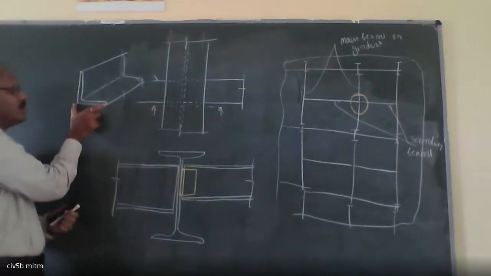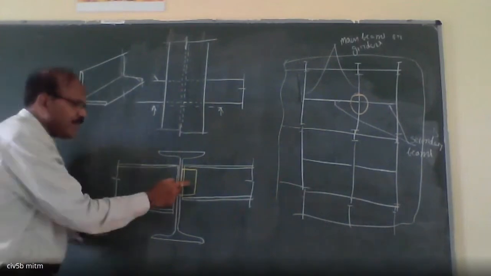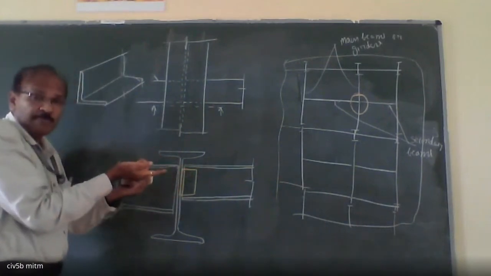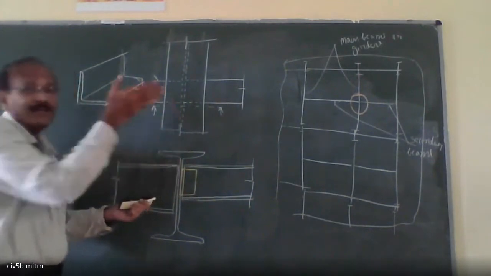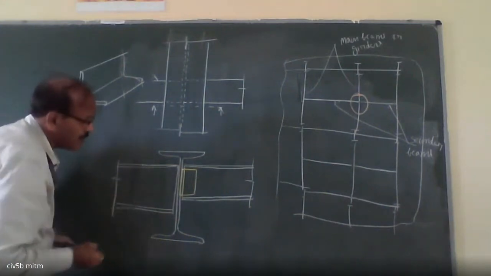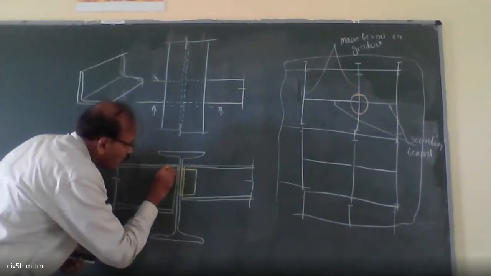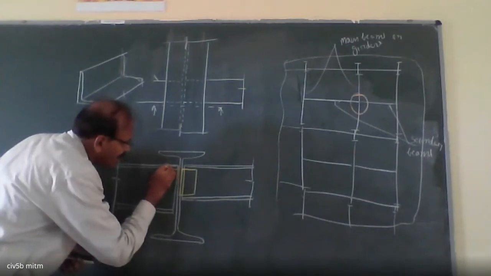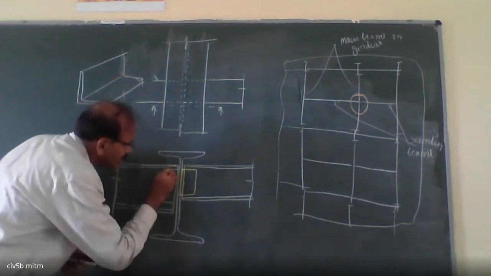It has two legs, one leg, two legs. Similarly, there is one more same angle section behind, which is not visible. Similarly, we are going to put one more set of angles here.